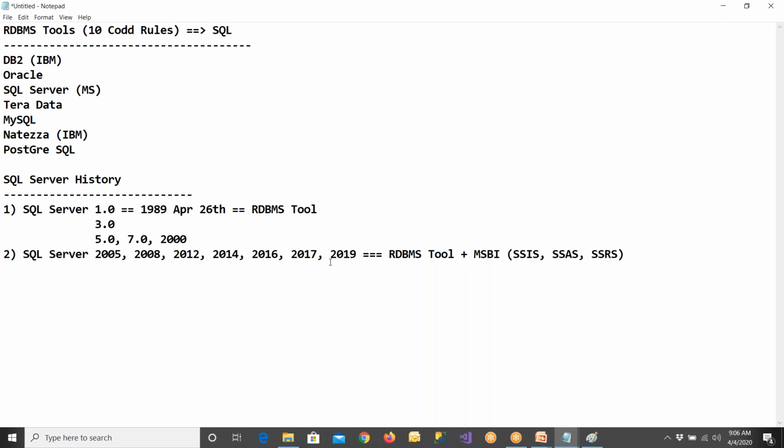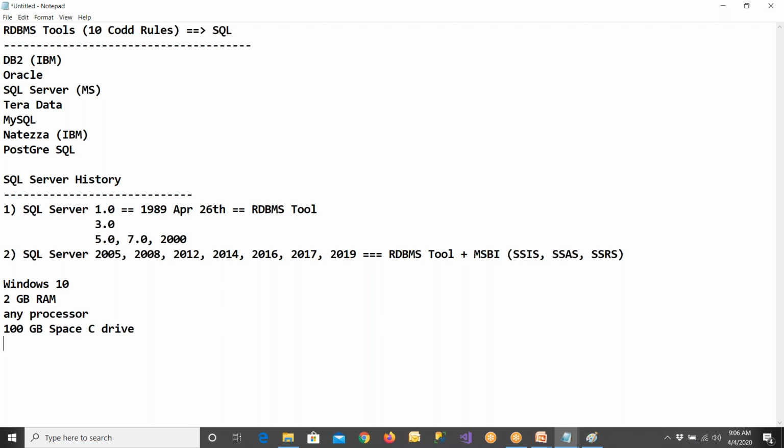So that is the current version of SQL Server. What are the things that you have to have to install it? You need Windows 10, and a minimum of 2 GB of RAM. Any processor is fine, there is no issue. And a minimum of 100 GB of space in the C drive to install the software.